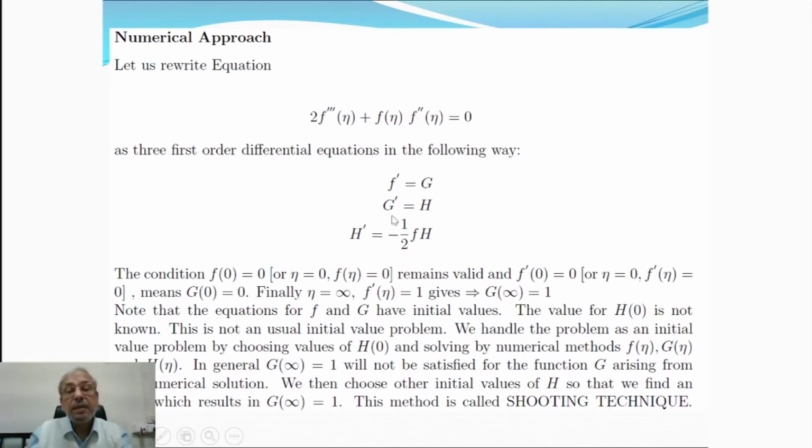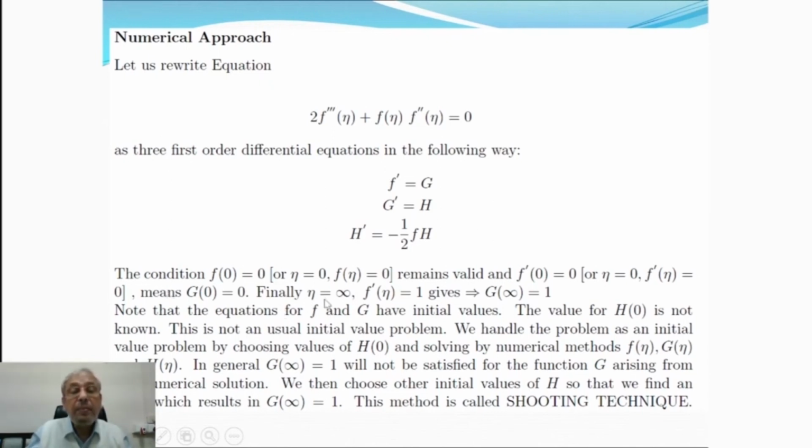See, for h prime equal to some expression, for solving this we have to know h0 at eta equal to 0, but we do not have any condition for h0.